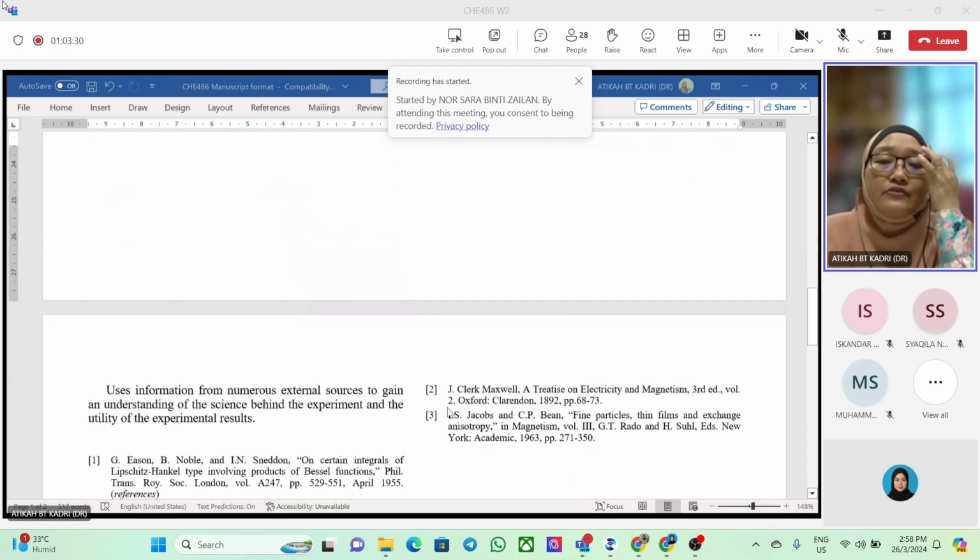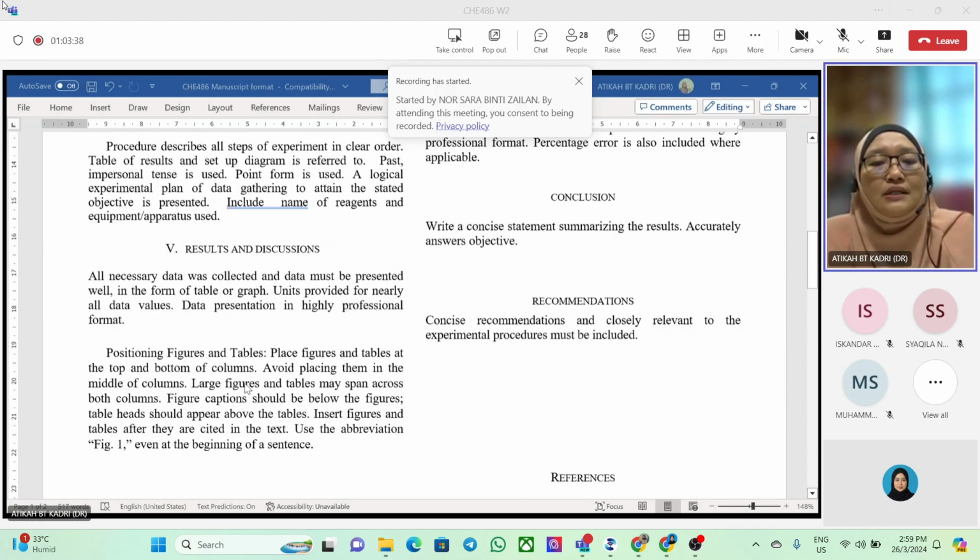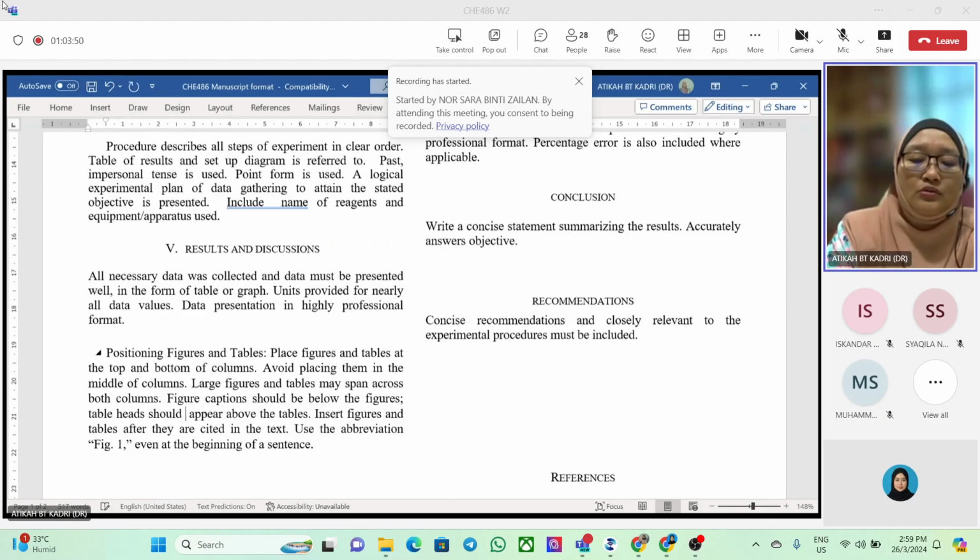For example, say reference number 2 here, Clark Maxwell. So it is being numbered 2. What happens is, maybe you can write about large figures. Figure captions show below figures, the heads should appear. Then you also include that Clark, that Maxwell.